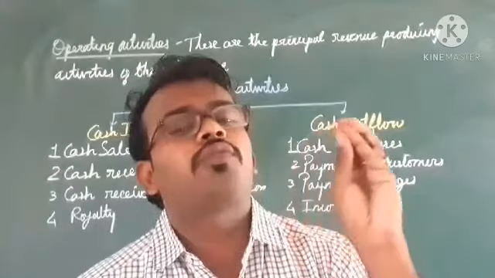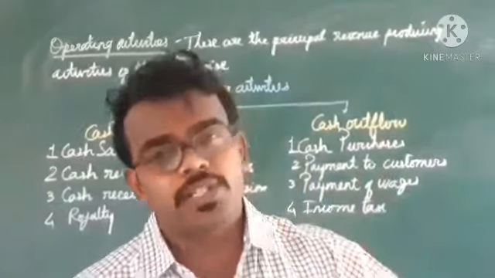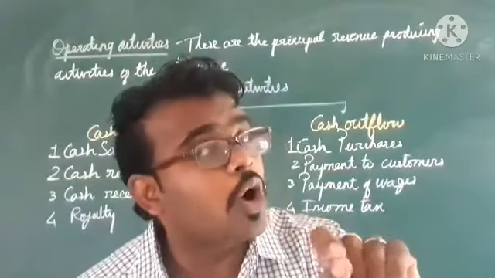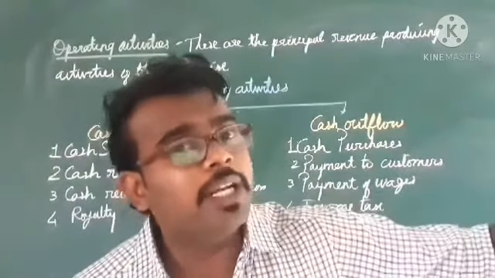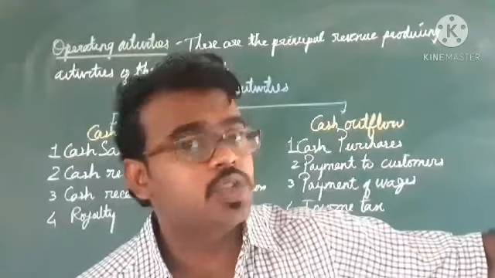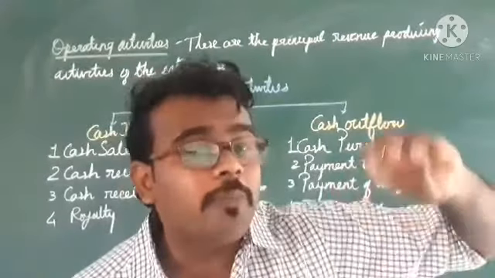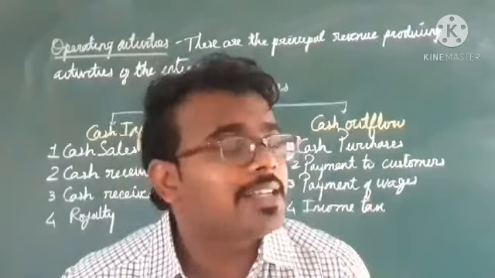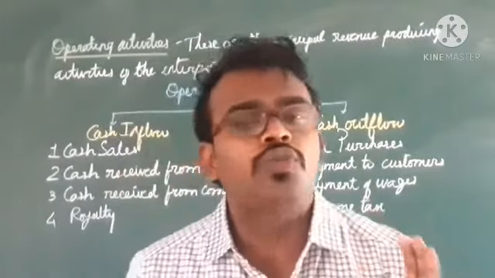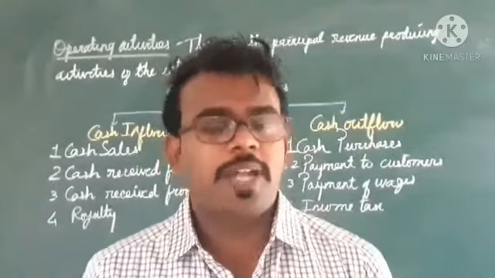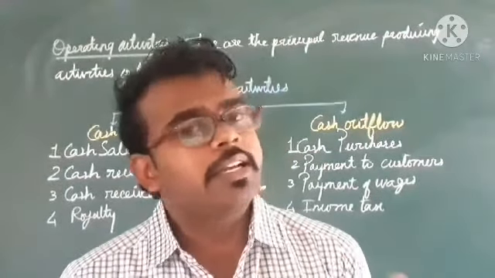After one week or one month you will pay the cash. So the ITC company becomes a creditor for you because you have to pay money to ITC. Any payment you make to the creditors will be a cash outflow. Then income tax paid. Income tax paid is also considered a cash outflow.